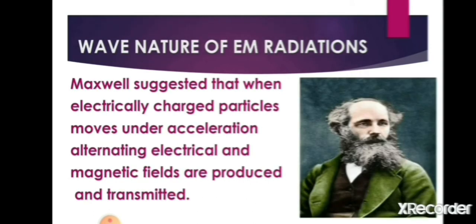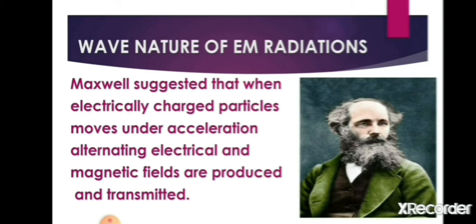James Maxwell in 1870 gave the first explanation about the interaction between the charged particles and the electromagnetic field on macroscopic level. He suggested that when electrically charged particles move under acceleration, alternating electrical and magnetic fields are produced and transmitted.